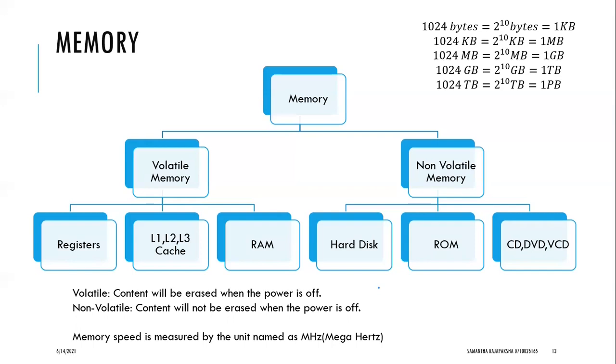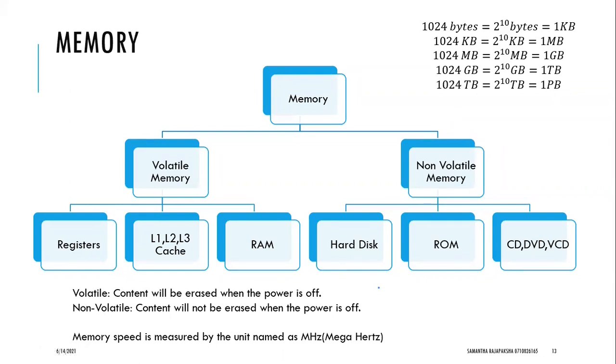And 1024 kilobytes, or 2 to the power 10 kilobytes, is equal to 1 MB. And 1024 MB is equal to 1 GB. And 1024 GB is 1 terabyte. And 1024 terabytes is 1 petabyte.